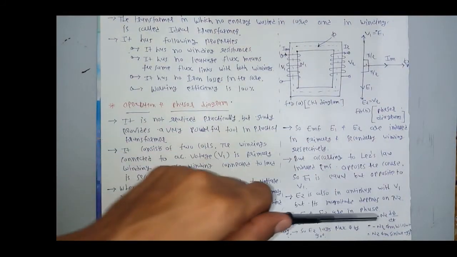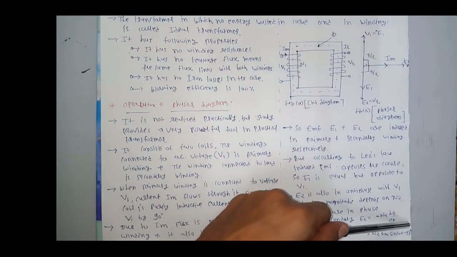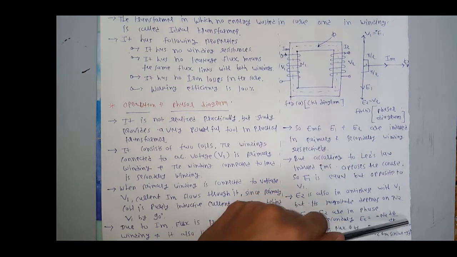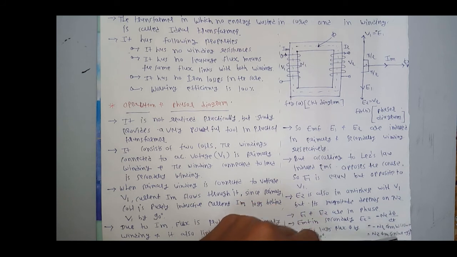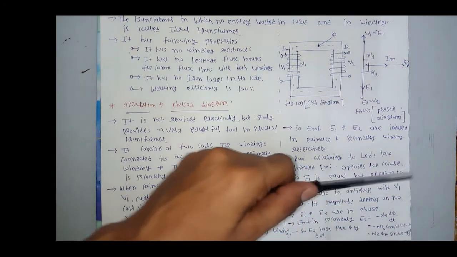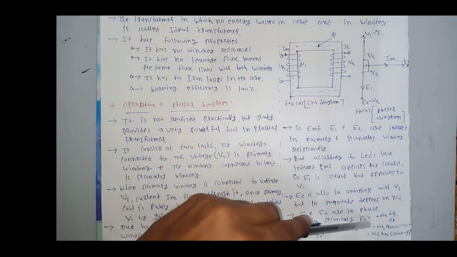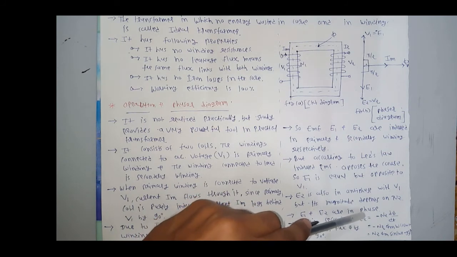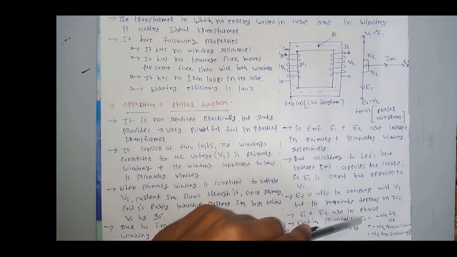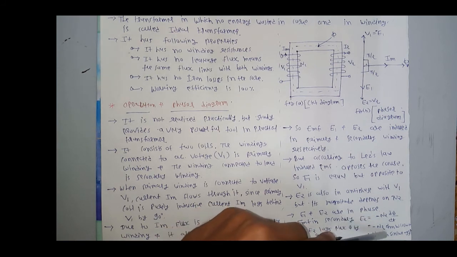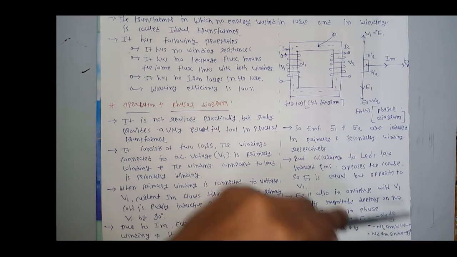And we can write cos omega t in place of sin omega t minus 90. So we finally have the equation of EMF induced in the secondary winding: E2 is N2 phi m omega sin omega t minus 90.